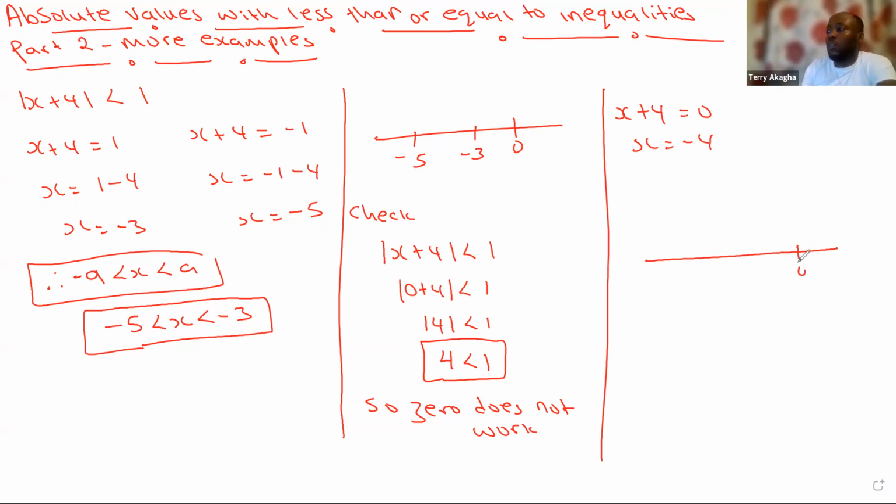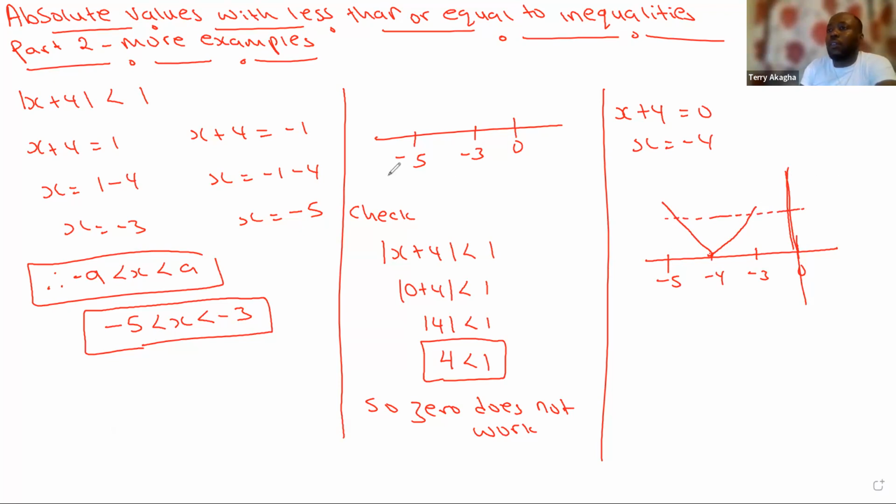So this is 0. So let's say this is minus 3, and this is minus 5, and this is minus 4. So we already know that it's going to be at this point here and here. Okay? So that's what the modulus graph is going to be, right? And you can draw it like this.